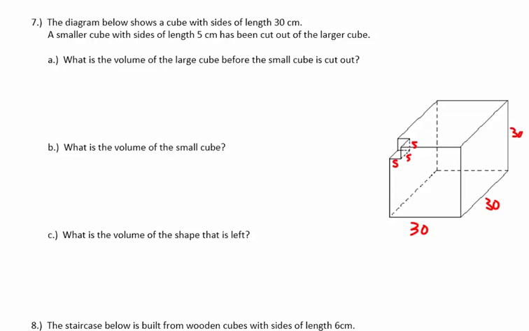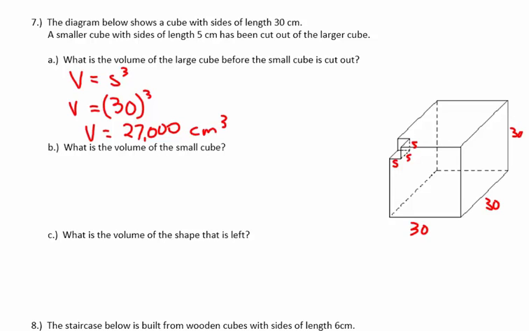What is the volume of the large cube before the small cube is cut out? So it's a cube, and we're looking at volume, so that's s cubed. I plug in 30 cubed, so that's 30 times 30 is 900 times 30 is 27,000 centimeters cubed.